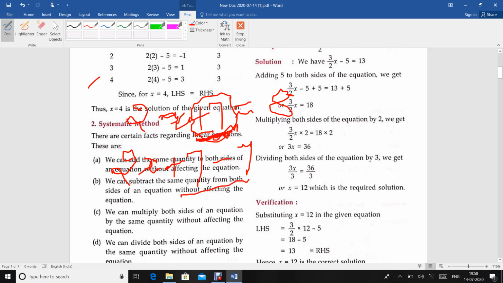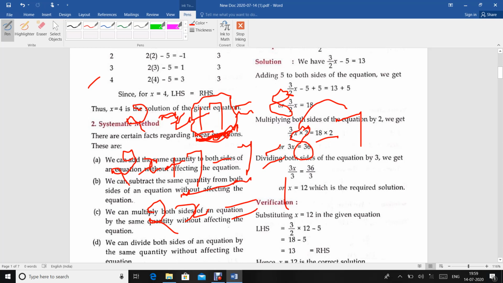If you are subtracting 7 on the left hand side, then you have to subtract 7 also on the right hand side. So now you can see that plus 7 minus 7 is 0. Here you are left with 2x is equal to 8 minus 7, which is 1.